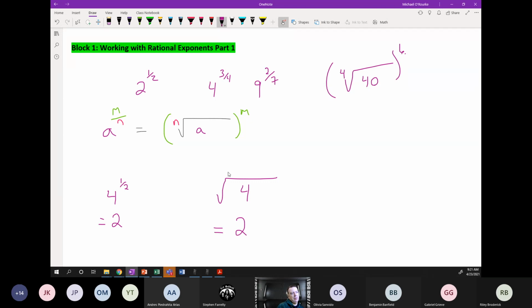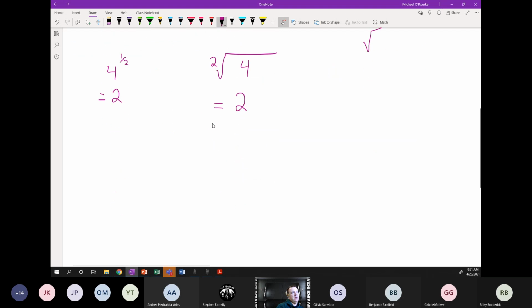Now, when we do a square root, we don't write a number in here, right? We always just do this, and we don't worry about that. But what's actually there when we do a square root is a 2, right? So let's do this one.